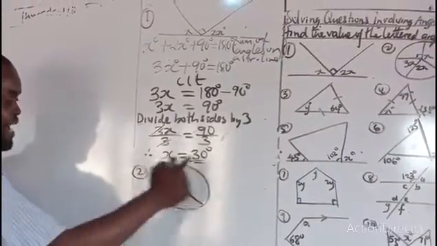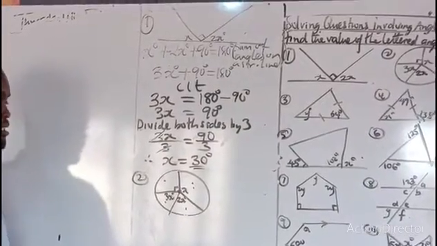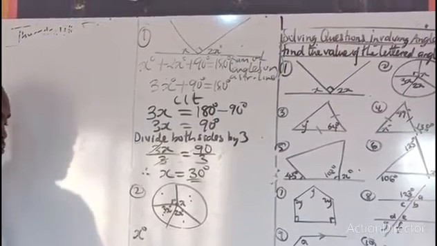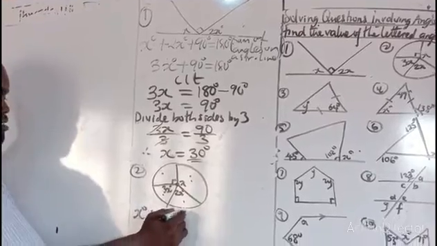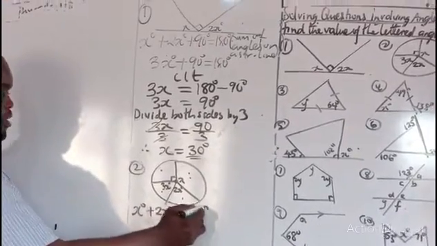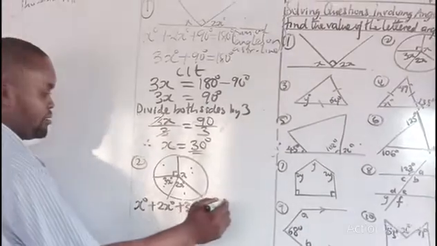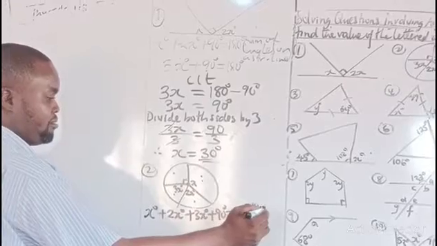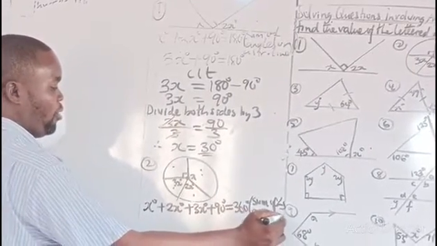So I'm going to add everything: all the angles together must give us 360 degrees. Shall we say x degree plus 2x degree plus 3x degree plus 90 degree must give us 360 degrees. Why? Sum of angles at a point.